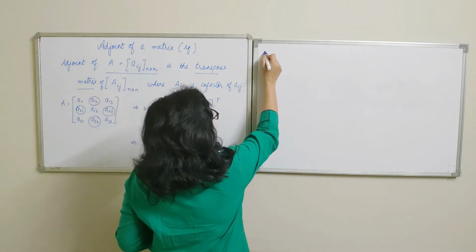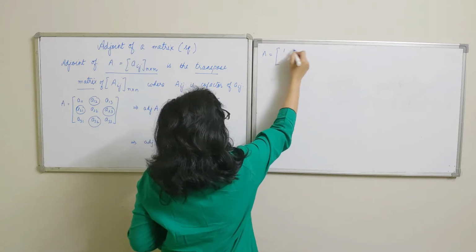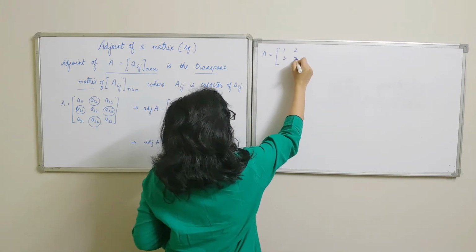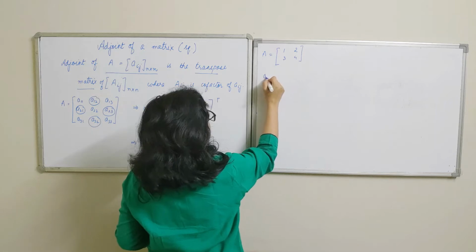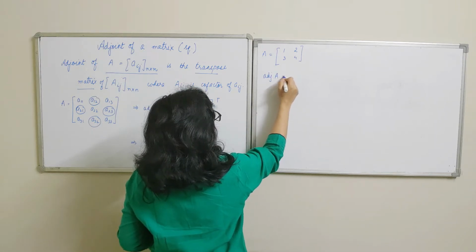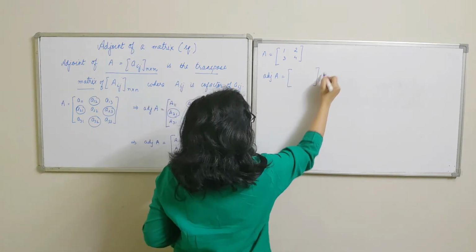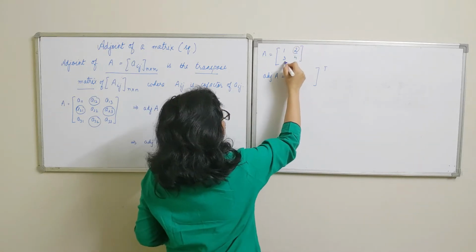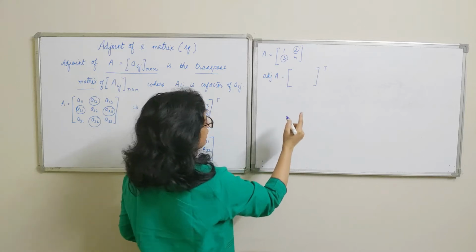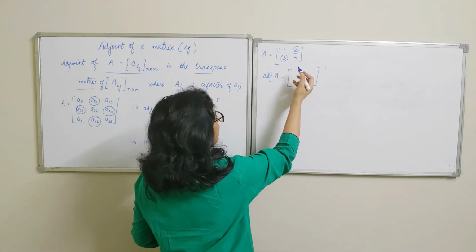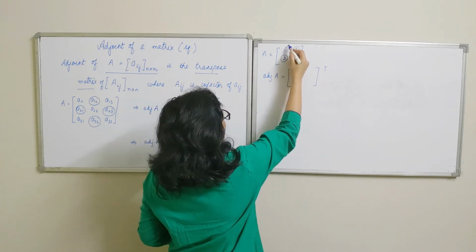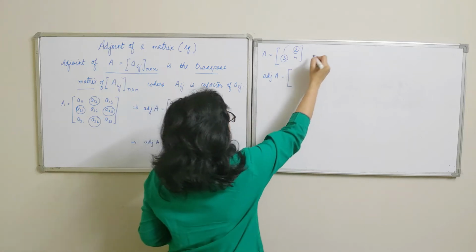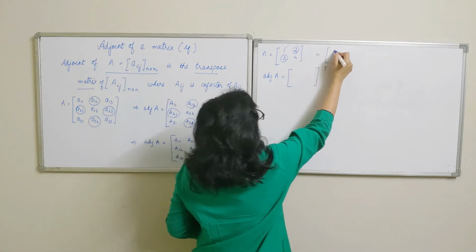Now suppose we have a 2 by 2 matrix and our matrix is this. Then in that case, the adjoint of this matrix will be transpose of the elements. So here these are the special elements, their signs will change. The signs of the determinants while finding cofactors will change. So when we find out cofactor of this, let me write it down like this.